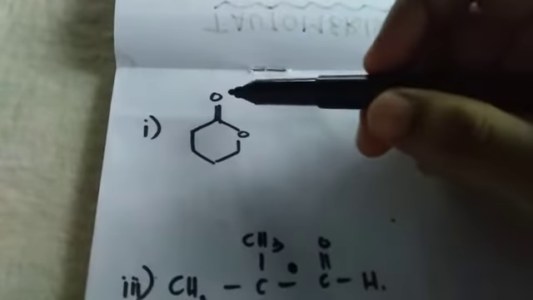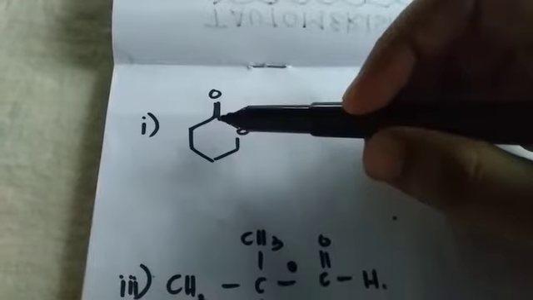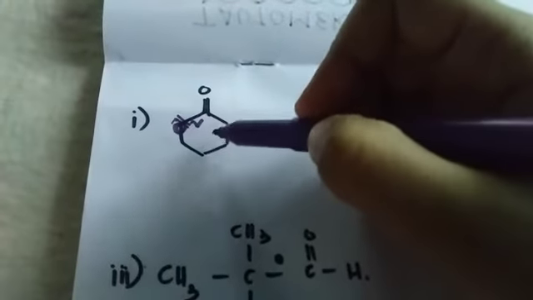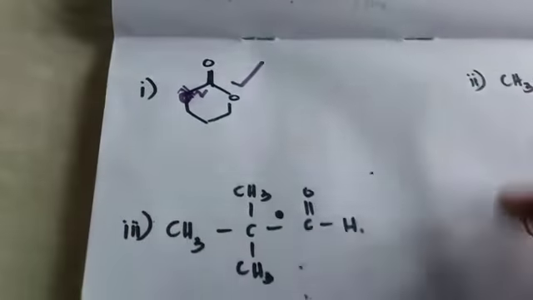The next step is to check whether it has an alpha hydrogen. Look, this is the alpha carbon and it has 2 hydrogens, so it will show tautomerism. Why? It is a carbonyl compound with alpha hydrogen.